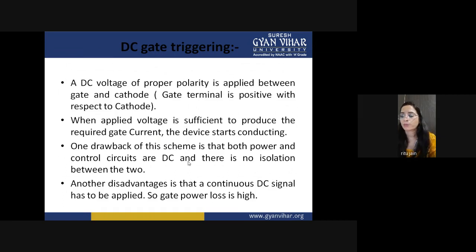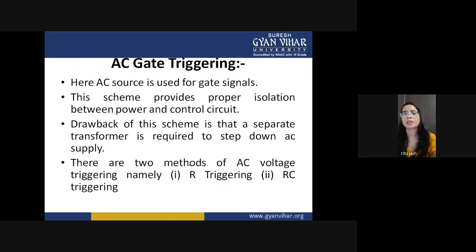Next is your AC gate triggering, which is very important, and this method is widely used. As you know, AC gate triggering means that you are applying an AC voltage to your gate terminal. So here an AC source is used for your gate signals. This scheme provides proper isolation between power and control circuits.